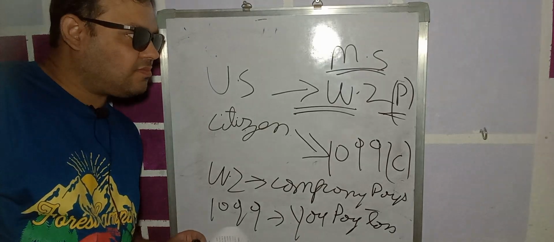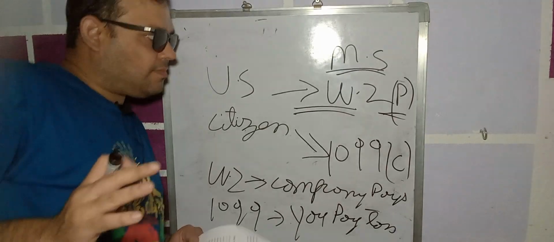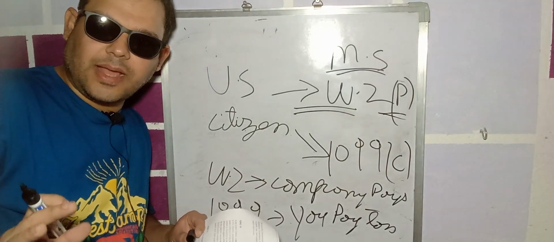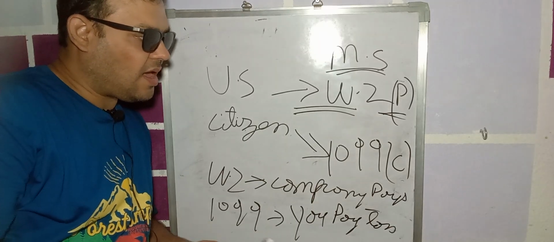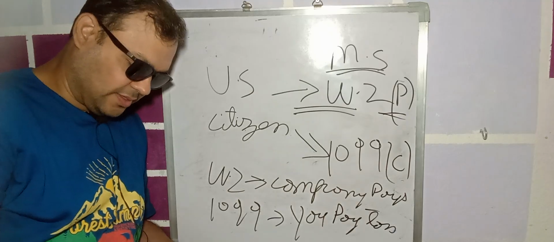So that's how it is. In W-2, the company pays the taxes. In 1099, the employee pays the taxes.